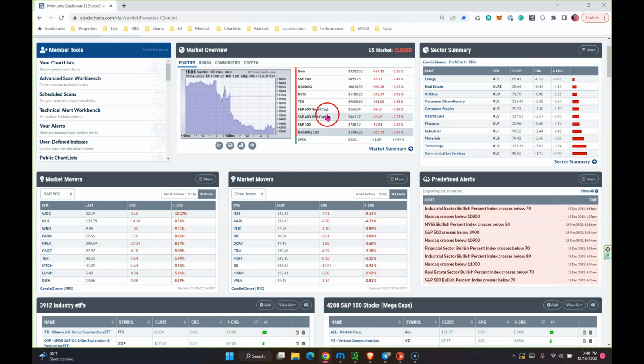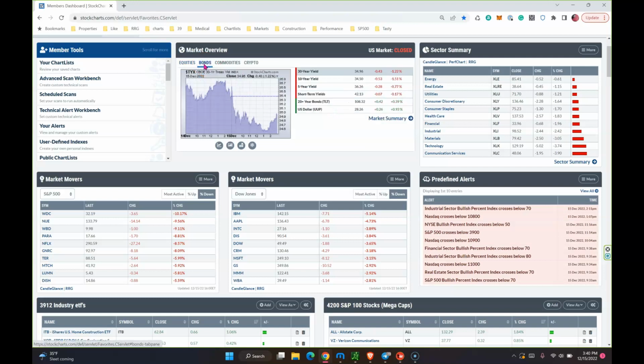The small caps and mid caps saw pretty much the same sell-off, and the New York Stock Exchange was down 2%. Bonds went higher with yields lower, but the yield curve continued to be inverted at, I think, minus 70 or minus 80 bips between the 10s and the 2s. So that's still a large problem out there.